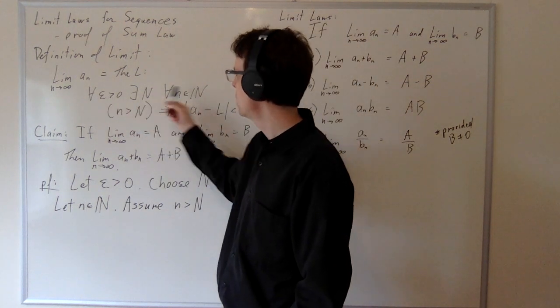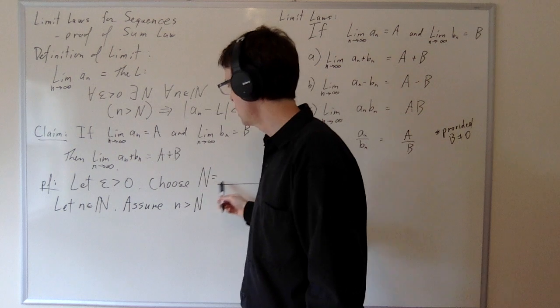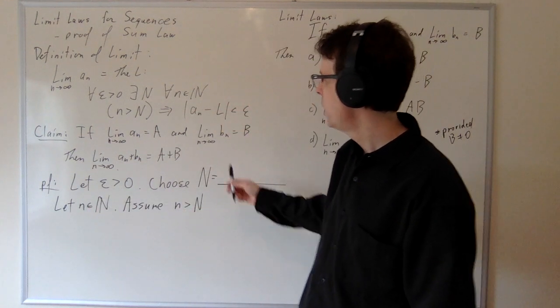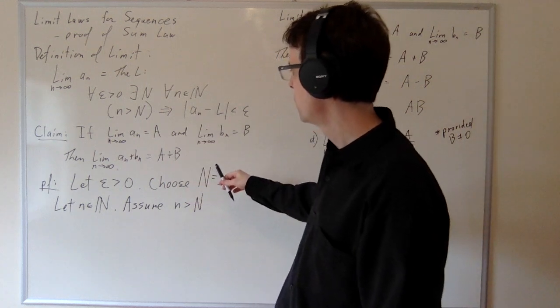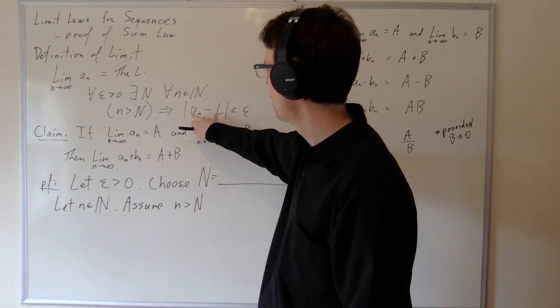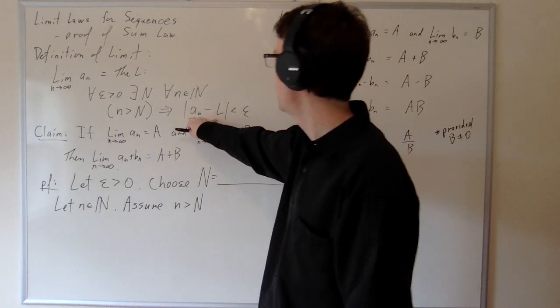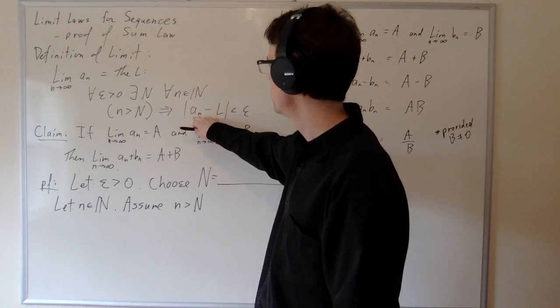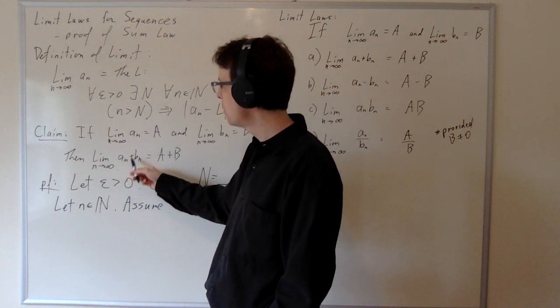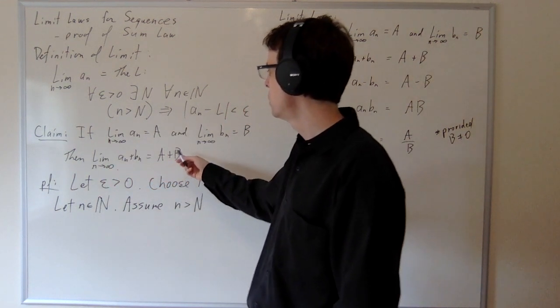The structure of this logical statement insists upon this as the most natural proof structure. Now I need to carefully apply this definition of the limit to the right sequence, and then I need to start reasoning about this thing. Now, we are attempting to prove that the limit as n goes to infinity of a_n plus b_n is equal to a plus b.